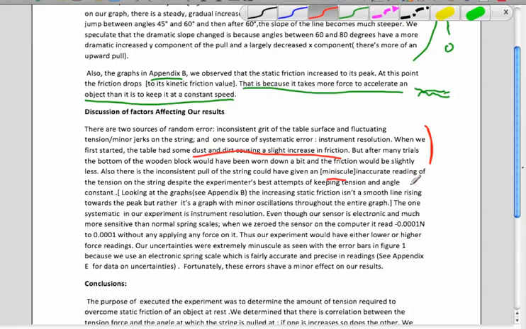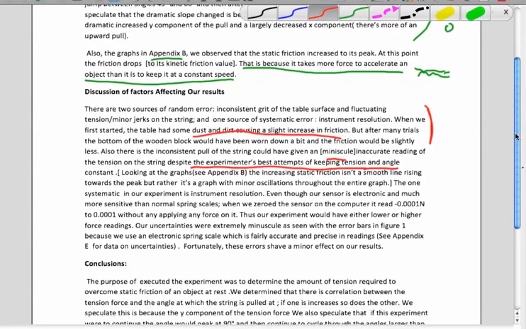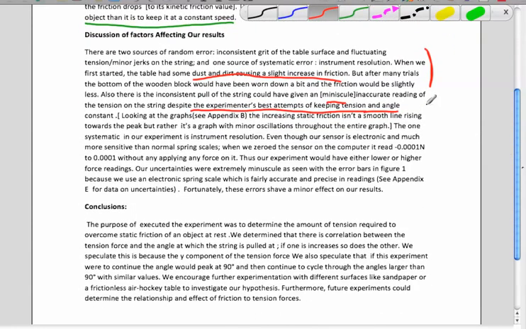Now, you note the experimenter's best attempt to keep the tension and angle constant. So yeah, I think your group did take pretty careful data there, or as careful as you could. One thing that's been done in the past that's kind of neat is to rig up a pulley and then pull over the pulley.